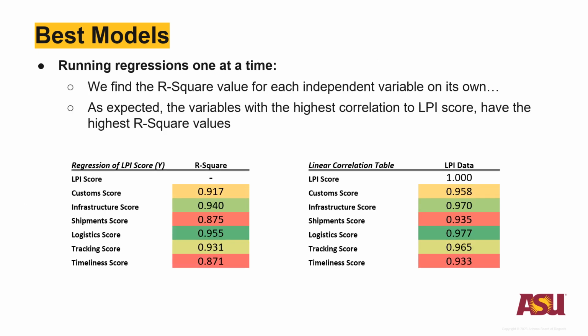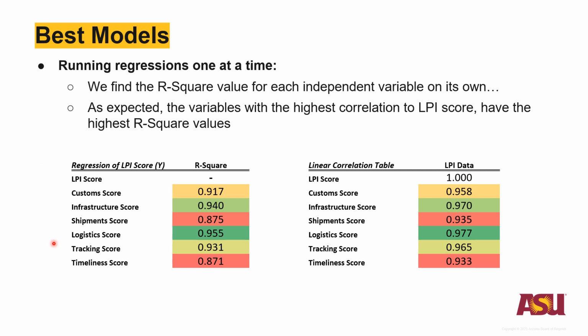At this point, we went ahead and ran regression analysis on each of the other scores as the independent variable x in determining the total LPI score y. As expected, the variables that had the highest correlation to LPI score, as we can see at the right from our prior analysis, also had the highest R-square when run in a regression of determining the LPI score.